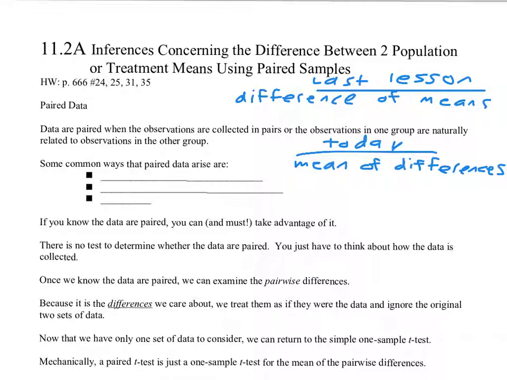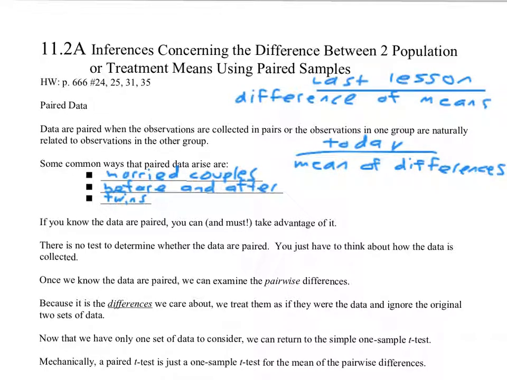Data are paired when the observations are collected in pairs, or the observations in one group are naturally related to observations in the other group. Some common ways that this occurs are with married couples, before and after, and with twins.